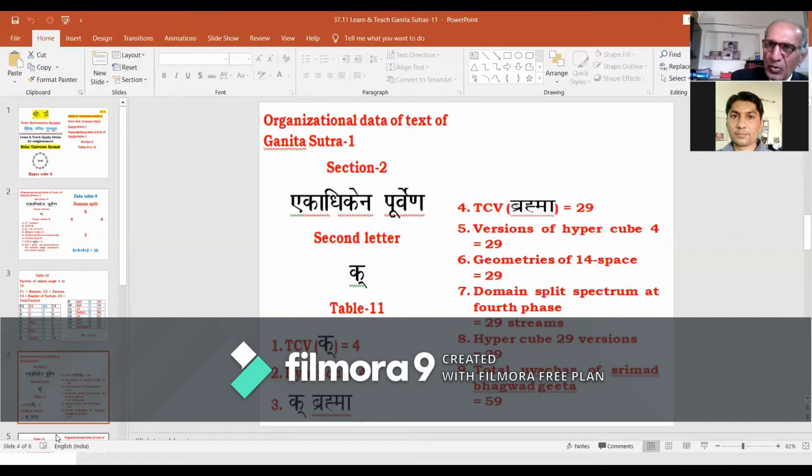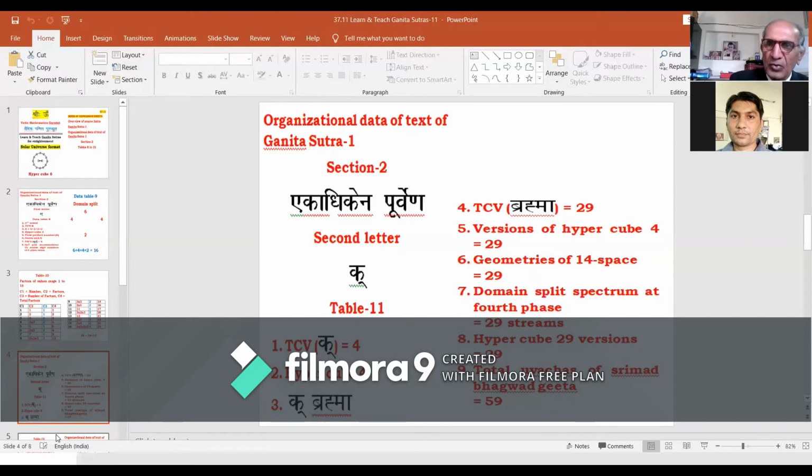We know that Ka is Brahma, Ka Brahma, and the Brahma formulation is of TC value 29, which is parallel with the total number of hymns, 16 sutras and 13 upasutras.